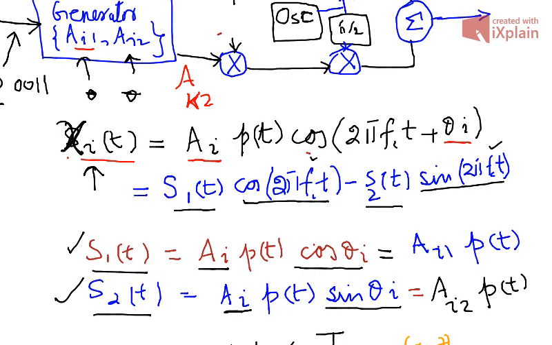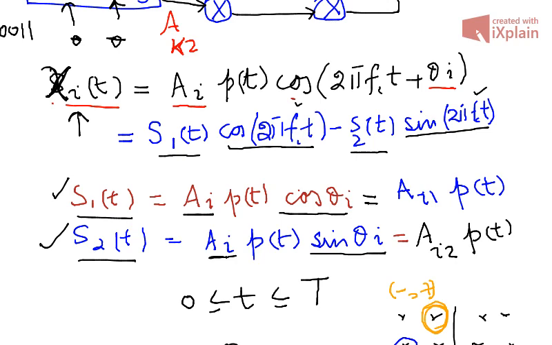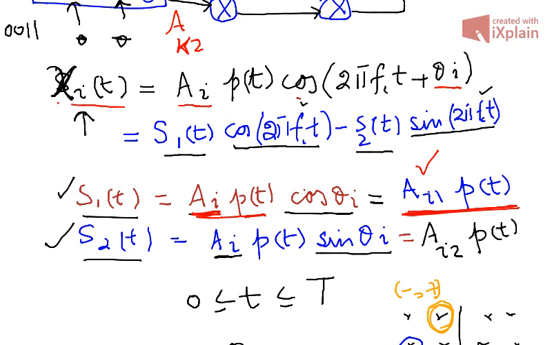What we do is multiply AI1 with P of T. So we already selected this AI1, and it moves to the upper branch. Now it will be multiplied with P of T.